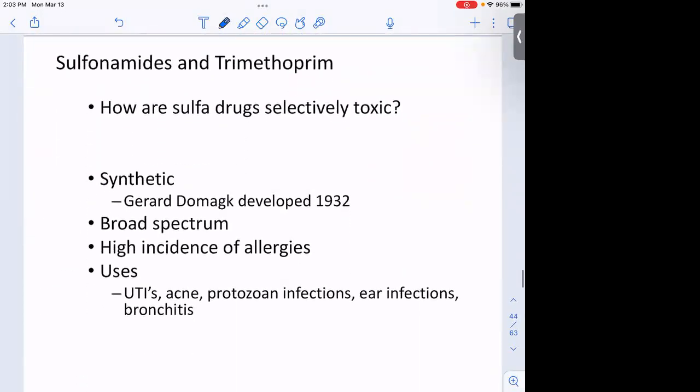So I kind of glossed over this. I kind of alluded to it. Why is it that sulfa drugs are selectively toxic? Okay, we need folic acid just like bacteria do. Where do humans get their folic acid? From whatever we eat. Okay, so humans cannot make folic acid.